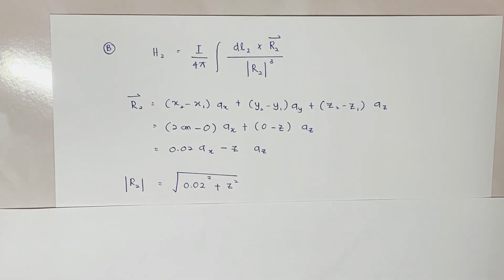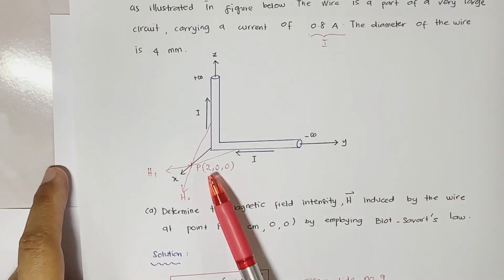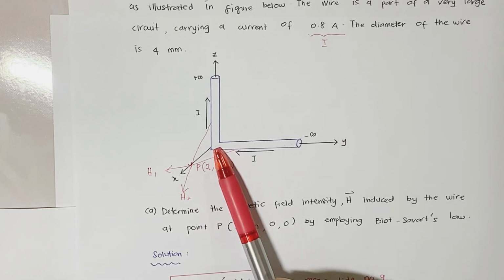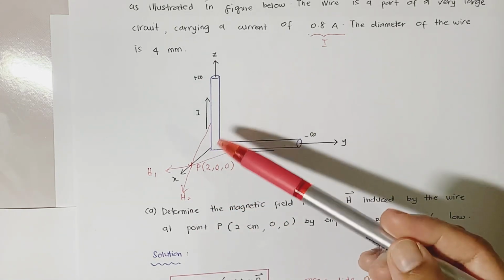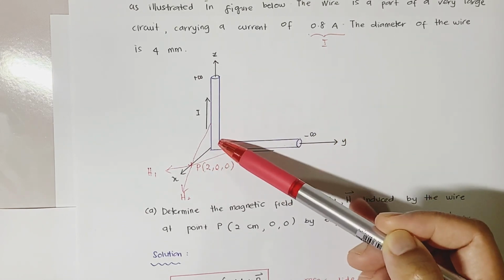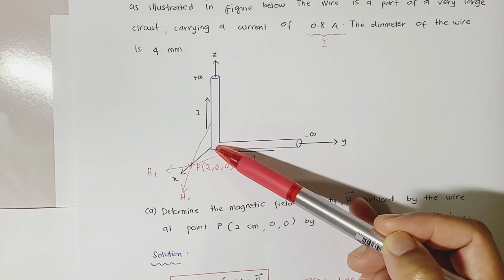Why? Because 2 cm comes from point P, minus 0, meaning this part of the cable is at x equal to 0.